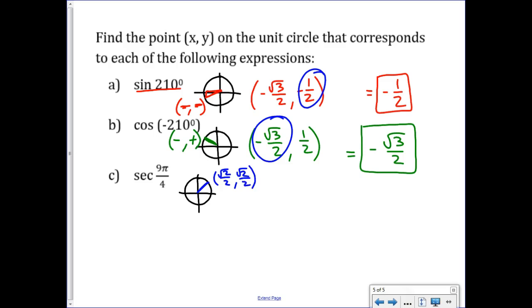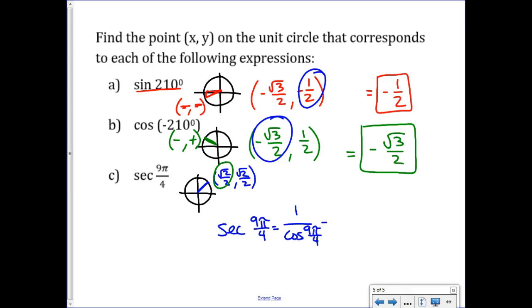Okay, but the secant. And secant, in this case, is 1 over cosine. So secant of 9 pi over 4 is equal to 1 over the cosine of 9 pi over 4. So cosine then is this first one, radical 2 over 2.